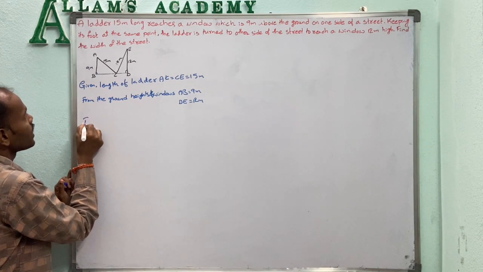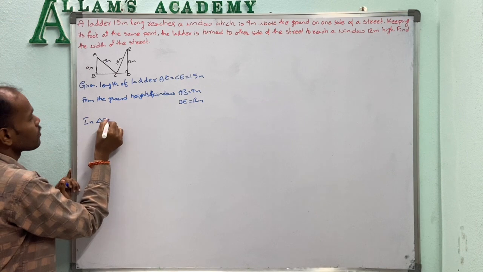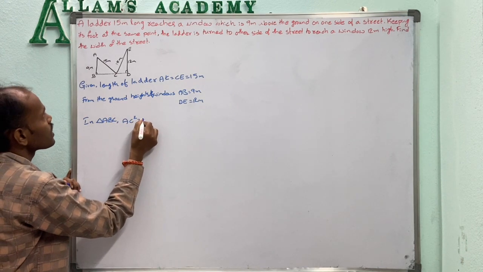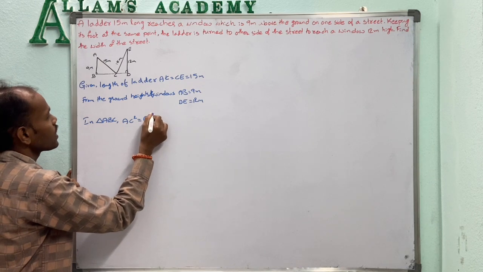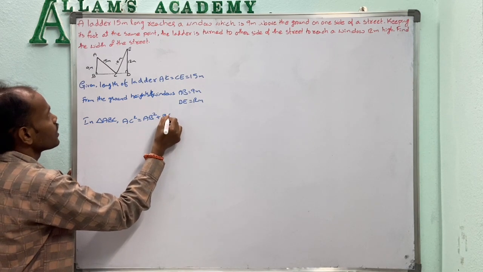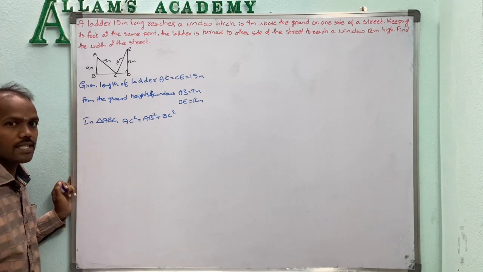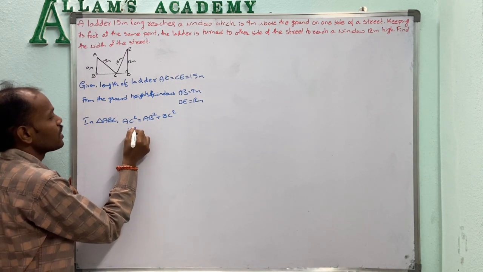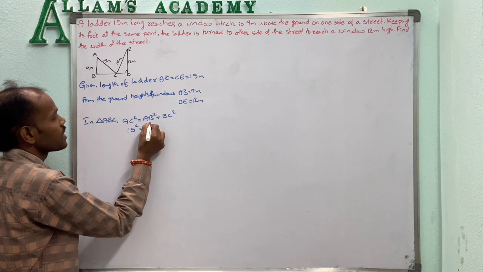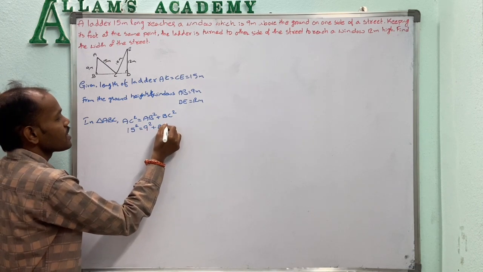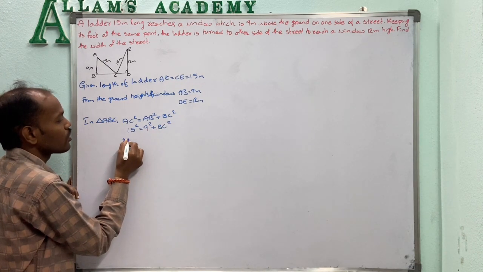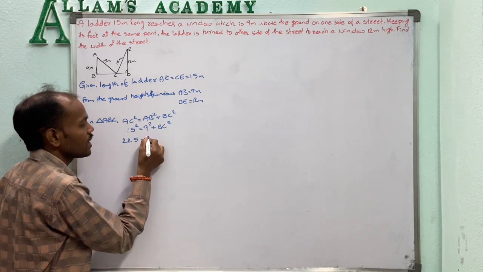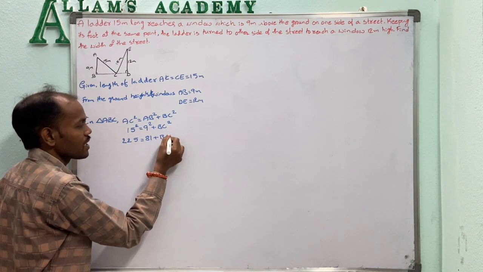In triangle ABC, AC square, the hypotenuse square, equals base square plus height square, so AB square plus BC square. AC equals 15, so 15 square equals 9 square plus BC square. 15 square is 225 and 9 square is 81, plus BC square.